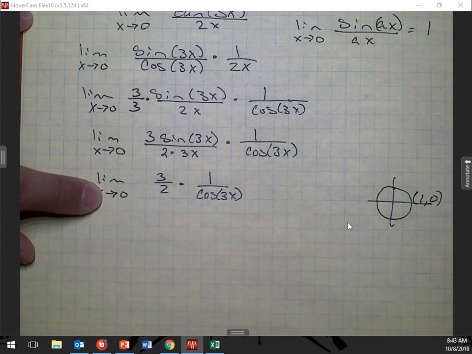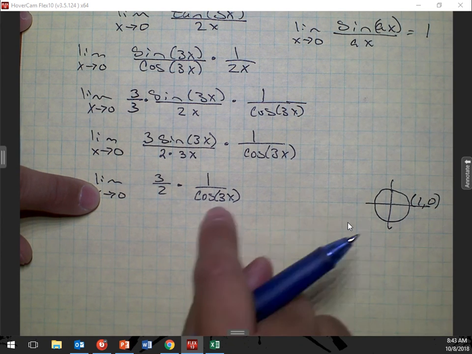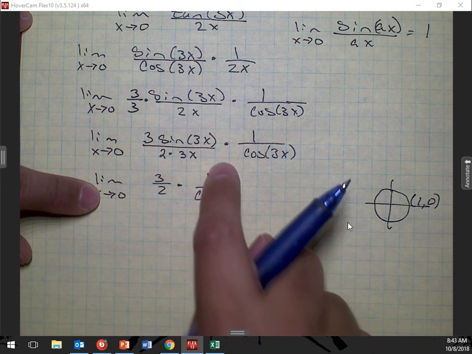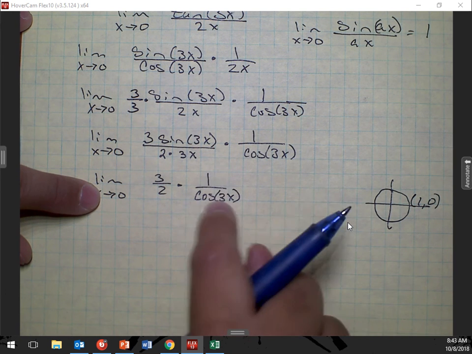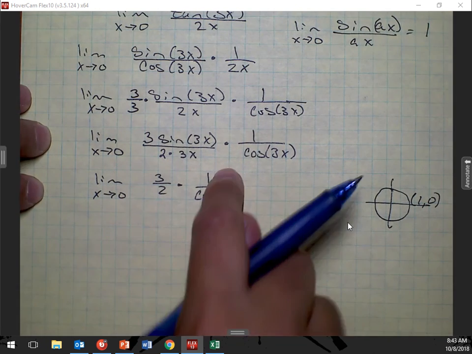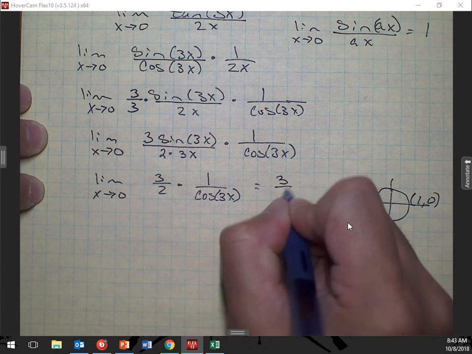So the cosine, which is my x value, is going to be 1. So I'm going to have 1 over 1 times 3 over 2. My answer is just going to come out to be 3 over 2.